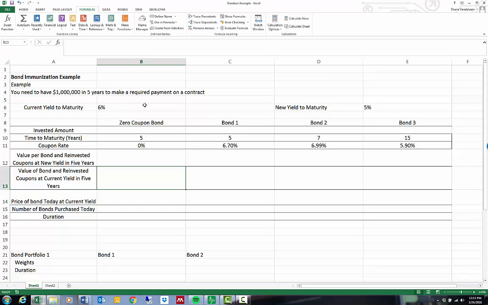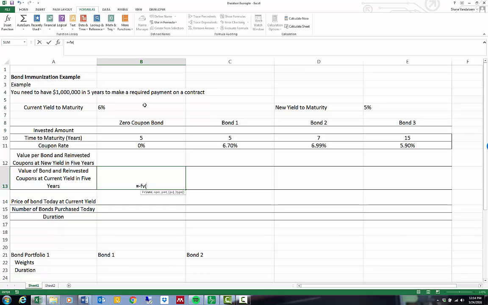So to calculate the value of the bond and reinvested coupons at the current yield in 5 years, we're going to calculate the future value like I showed you on the paper and the present value as I showed you on the paper. So here I'm going to put in equals negative future value, and I put in negative future value because I'm going to put in positive cash flows, but I want my outcome to be positive, the value I'm going to get.